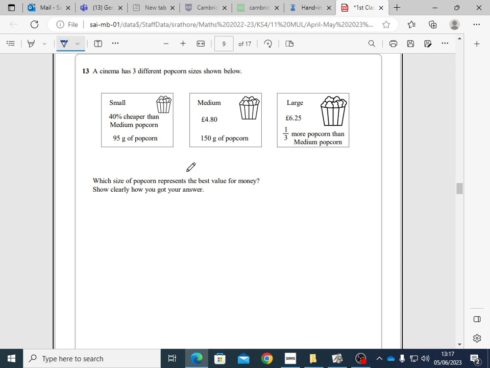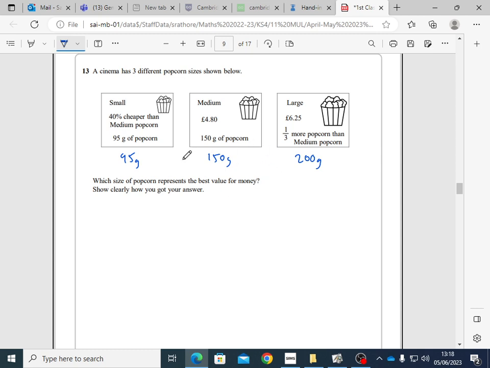What's a third of that, by the way? Yeah, 50. So add that onto there. That's going to give me 200 grams. So the large is 1/3 more popcorn than the medium one, and that's 150 grams in there, and there's 95. This is the tricky one. 95 grams in here. We need to work out the Best Buys here.